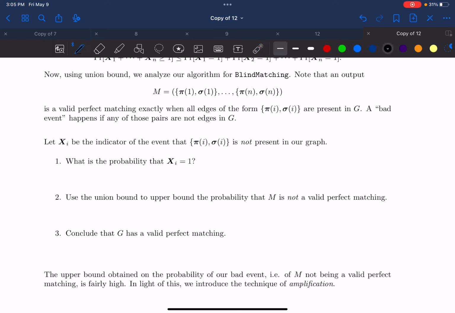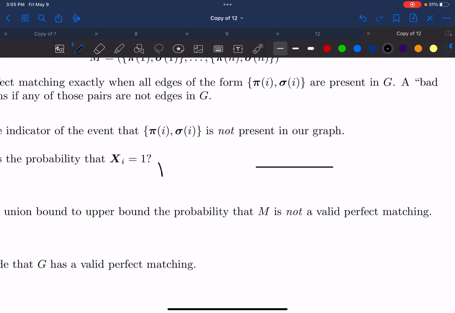For this problem here, the most straightforward approach is going to be a counting-based approach, right? So we know that one of the ways we can compute a probability like xi, so probability of xi equaling 1, we can essentially treat this as the total number of possible outputs of our algorithm over essentially the number of wrong or bad outputs.